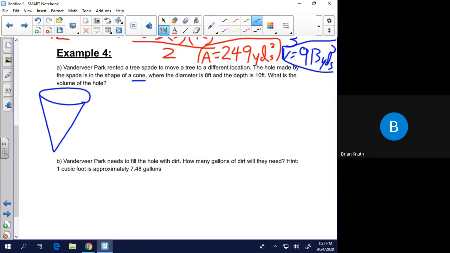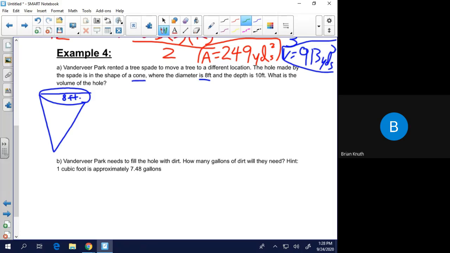Now let's try to plug in the information that we know. The diameter, which is this line right here, they say is 8 feet. So I'll label this 8 feet. The depth, or the height of the cone, is going to be 10 feet.